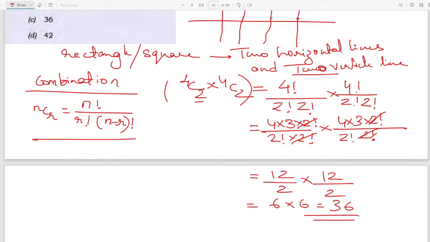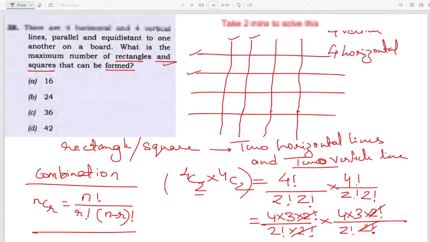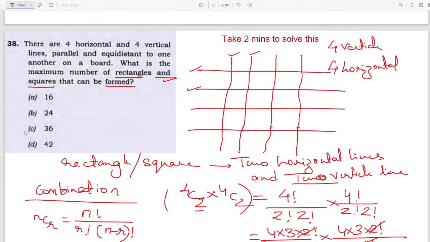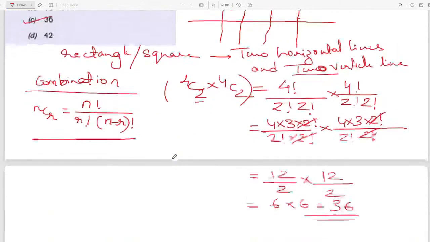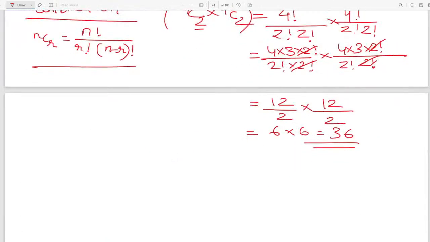The correct answer is option C. There will be 36 rectangles and squares that can be formed using these 4 horizontal lines and 4 vertical lines. And the concept of n factorial: n factorial means n into n minus 1 into n minus 2 into n minus 3 till 1.